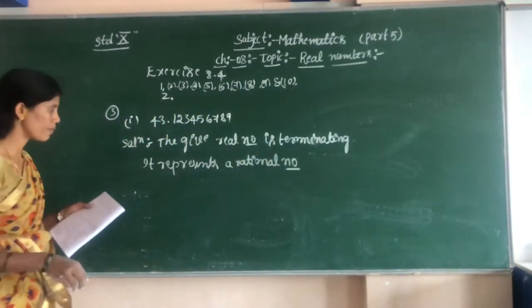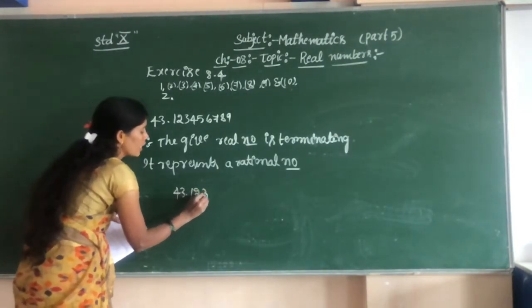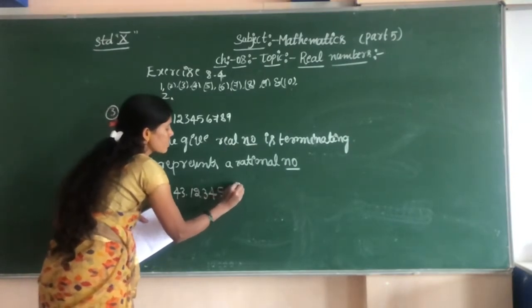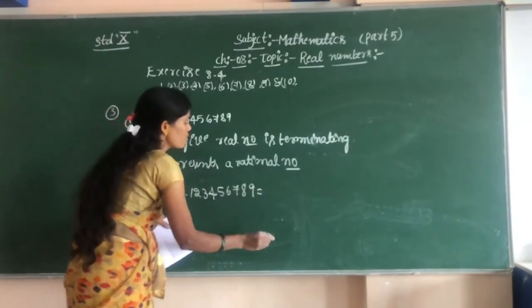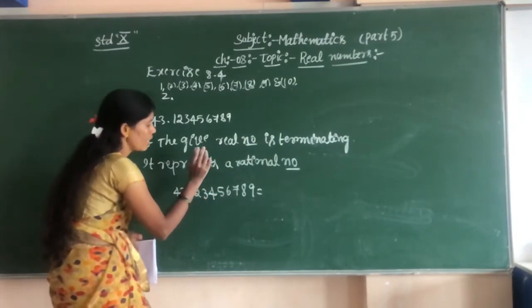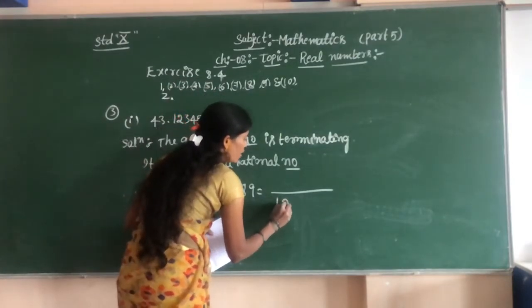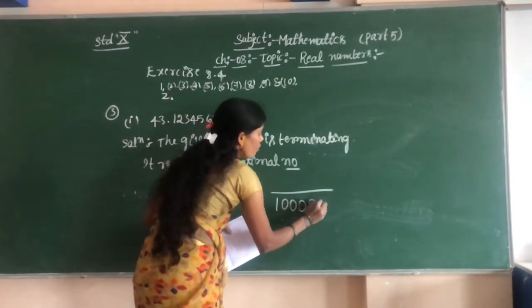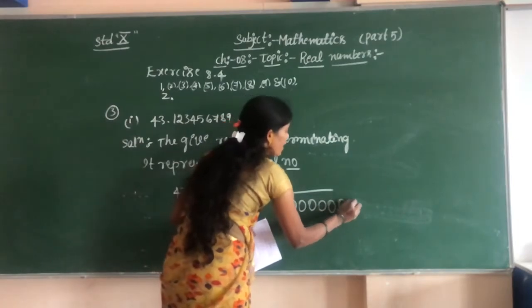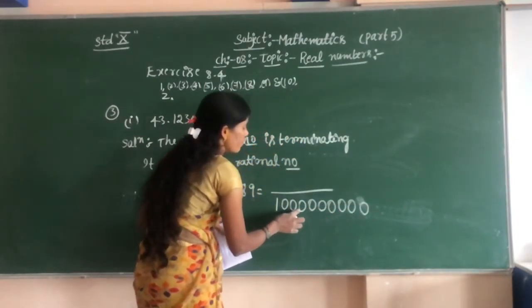So how to represent a rational number? 43.123456789. Okay, you see 1 2 3 4 5 6 7 8 9. Sorry, 0 1 2 3 4 5 6 7 8 9.